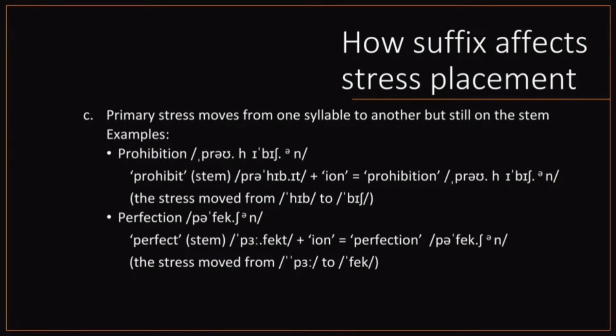The next example is perfection. The stem is perfect plus the suffix ion became perfection. So the stress moved from per to fect, from the first syllable to the second syllable in the stem.